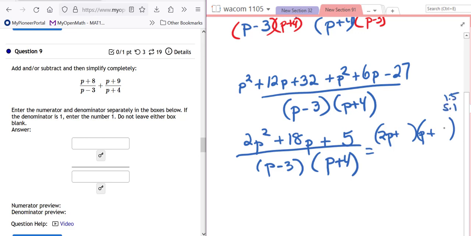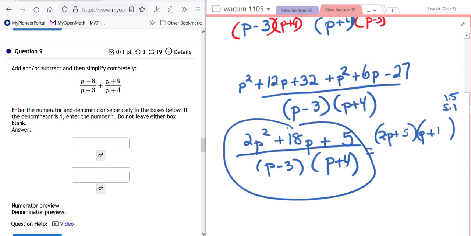If I do 1 and 5, that's going to give me 10 plus 1 is 11. That's not going to work. If I do 5 and 1, that's going to be 2 plus 5 is 7. That doesn't work. That's all the choices there are. So it is not going to factor. We thought about it. This will be the final answer there.